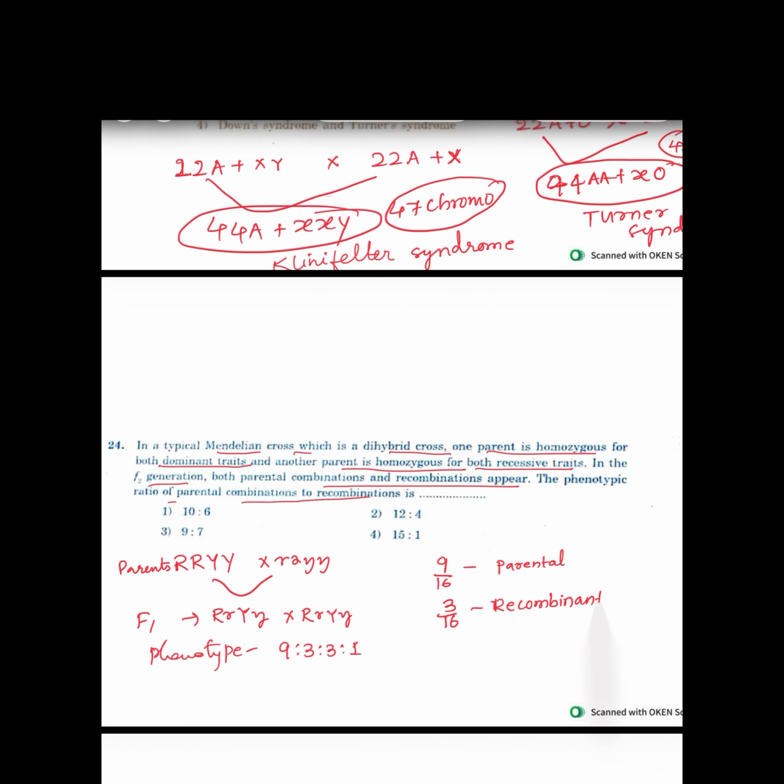Here 9 are parental, 3 are recombinant, and 1 is parental. So if you add parental, you will get 10. Recombinants you will add, you will get 6. So 1 is the answer.